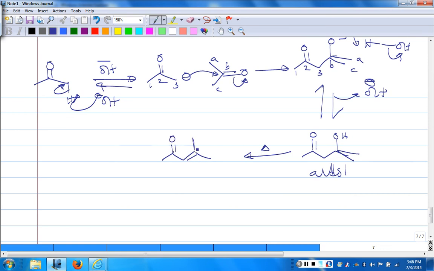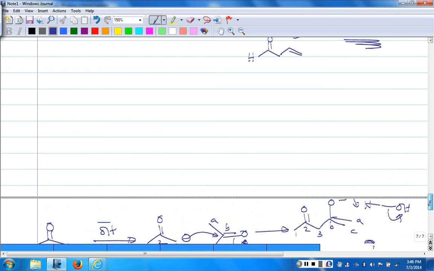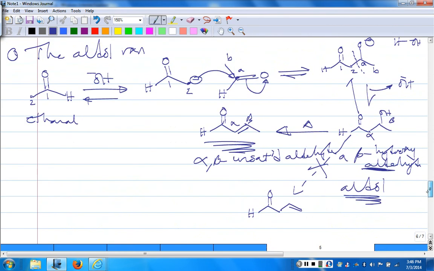If you notice though, this one has two alkyl groups attached to it, because I wouldn't consider this an alkyl group. I've got two alkyl groups, whereas this one had only one alkyl group.